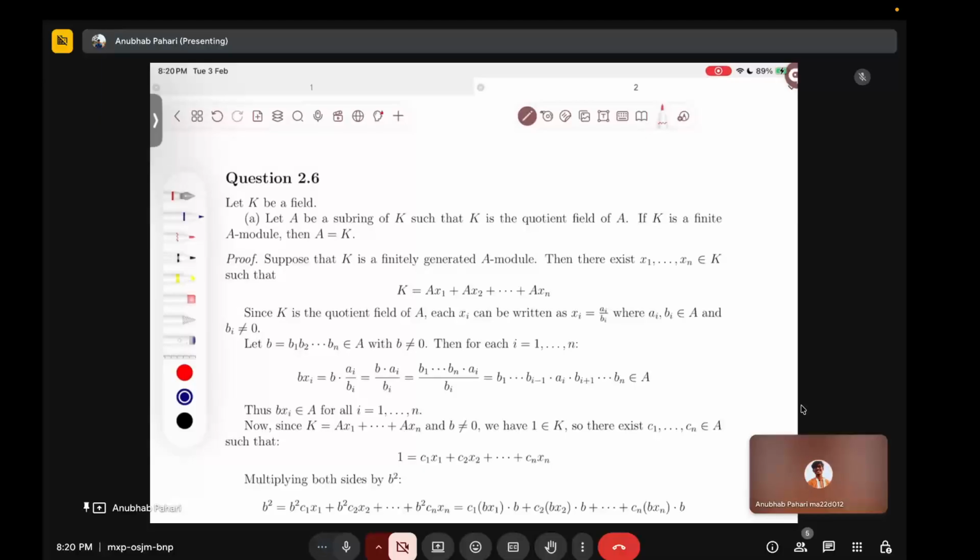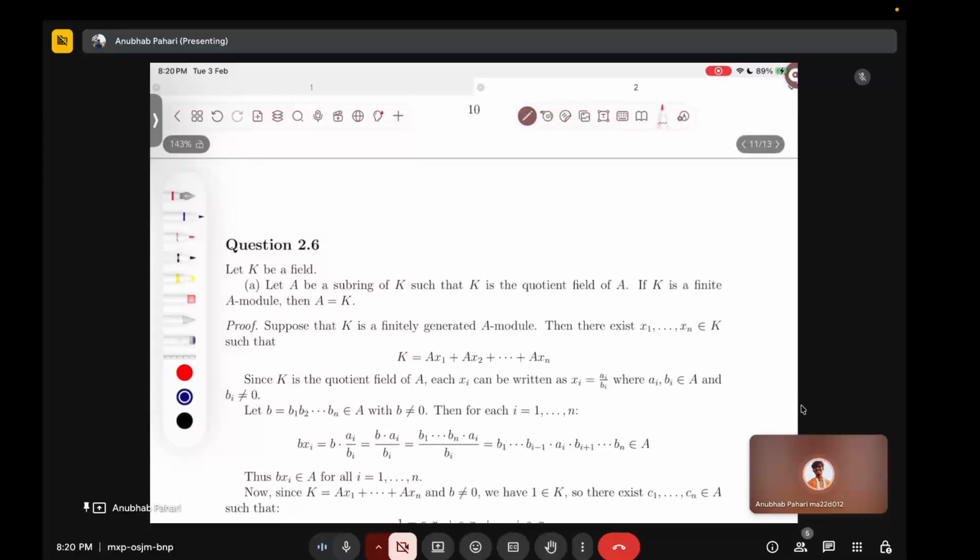so there are, one second, try to read and understand what the question says, and so, do you know what is a quotient field?